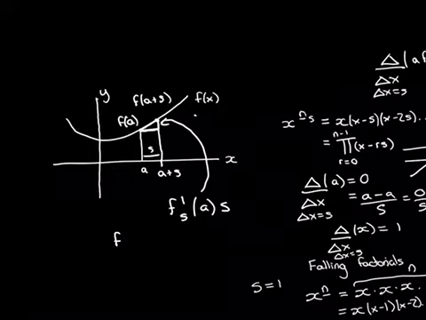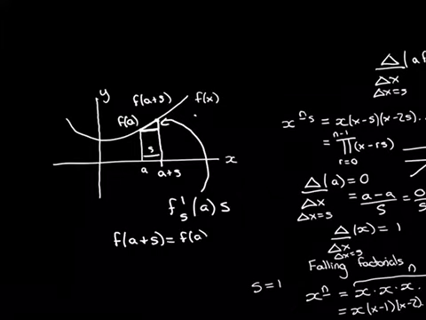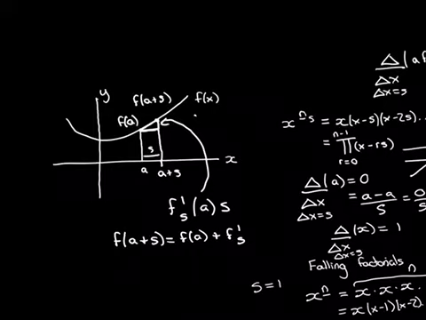So therefore, this value of f evaluated at a plus s is going to be equal to f evaluated at a plus that change in y, which is just going to be the derivative evaluated at a times s. Now why am I going into this? Why have I written this out?